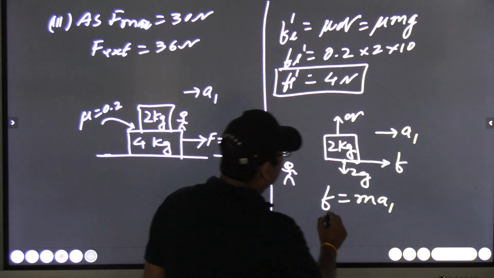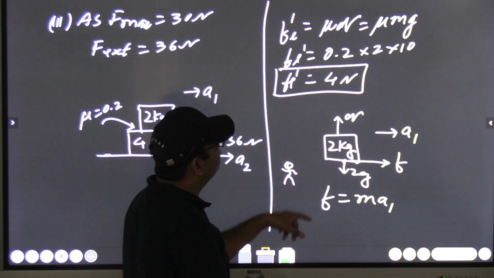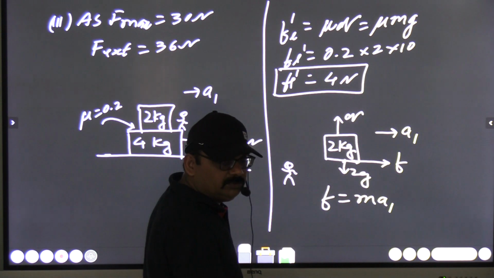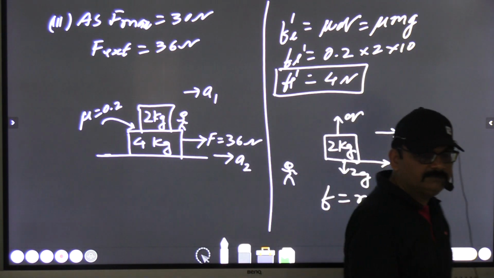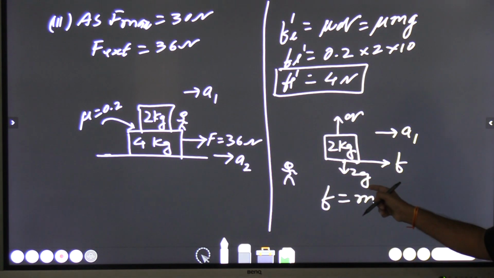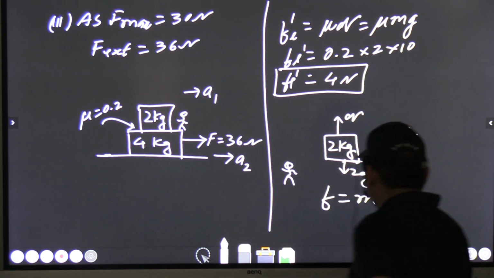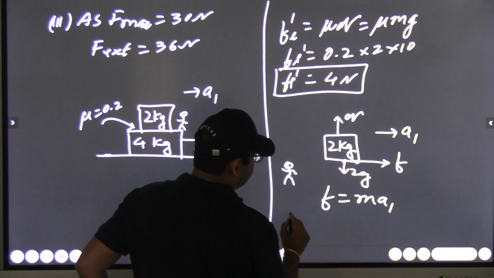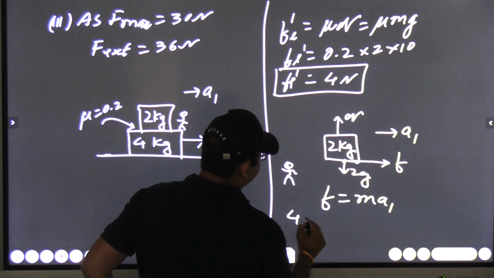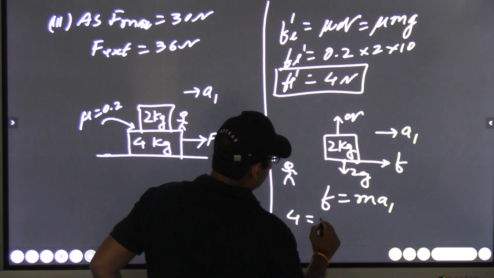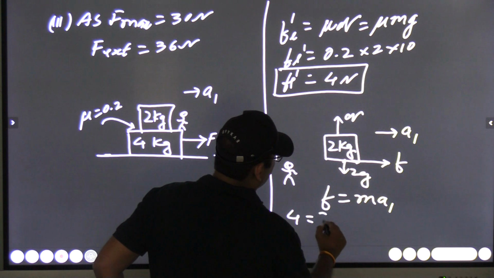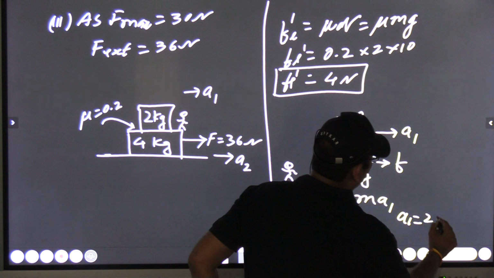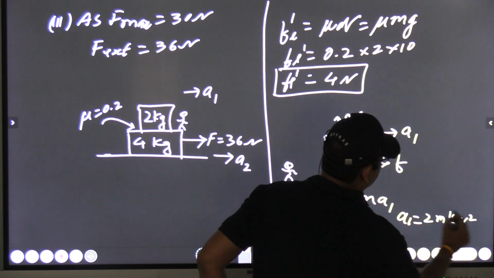Now what is the value of acceleration? F is 4 Newton, mass is 2 kg. What is A1? A1 is equal to 2 meter per second square, isn't it? Have you done this? Write this. The space is less, but I am writing on the same slide that F, that is 4, is equal to mass, which is 2, times acceleration, which gives A1 is equal to 2 meter per second square.